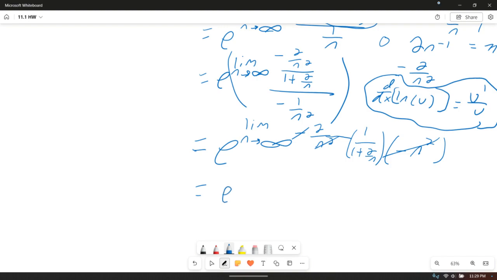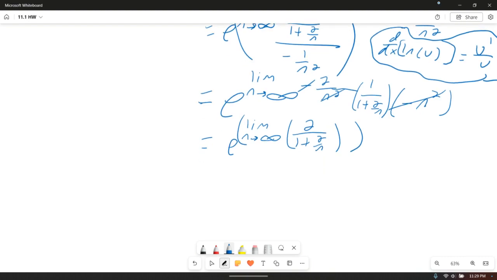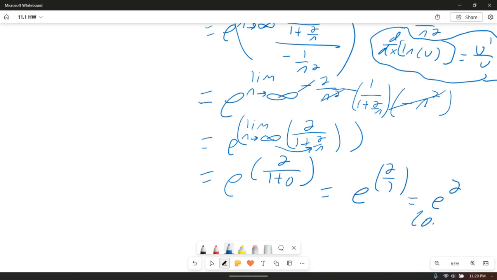And now this limit falls into place: the limit as n approaches infinity of 2 over 1 plus 2 over n. If we apply the limit directly, 2 over 1 plus 0 equals 2, so the limit is e squared. So this converges.